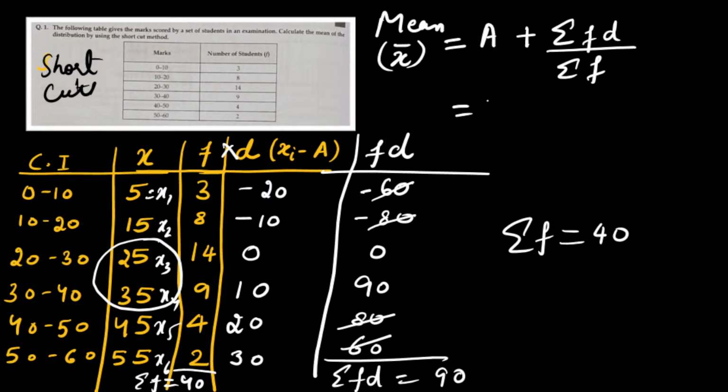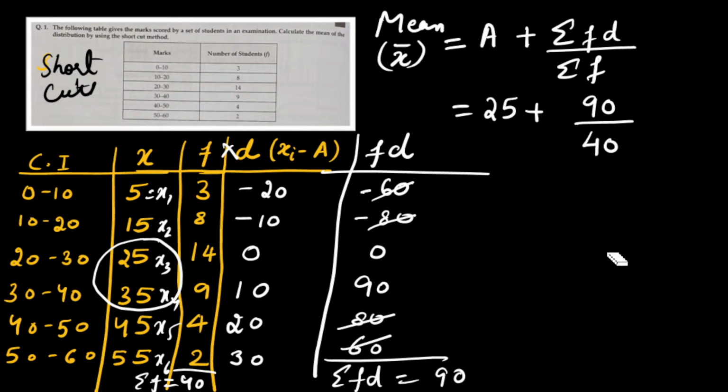So A's value we assumed as 25 plus sigma FD we found as 90, sigma F is 40. So I have just substituted the values. Now we can simplify this. It's always better to convert this fraction into decimals.